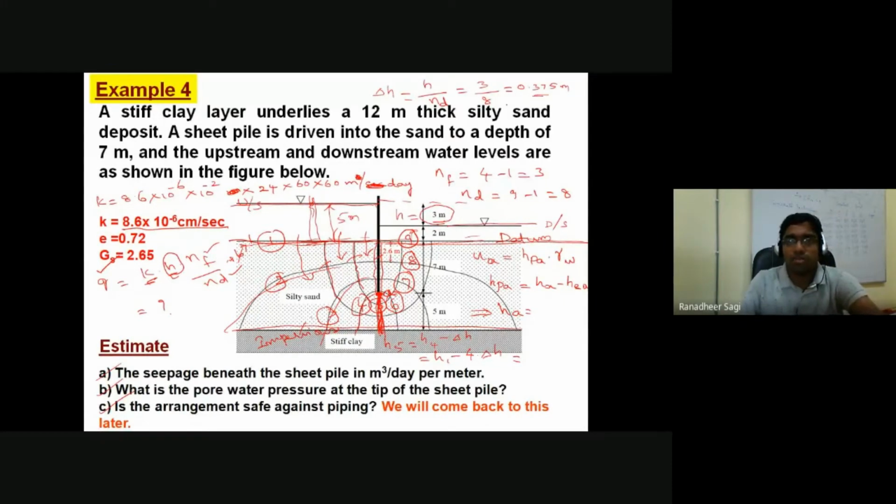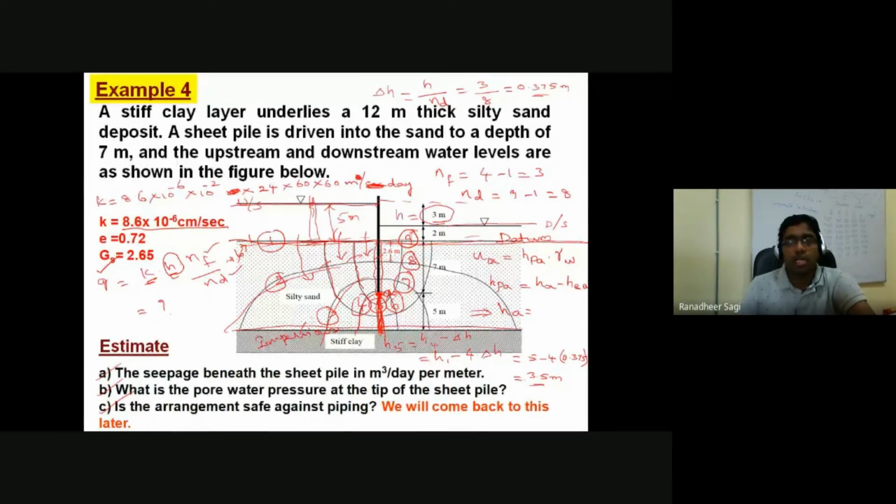Once I know delta H, the total head corresponding to the fifth equipotential line is the total head corresponding to the first equipotential line, which was 5, minus 4 times 0.375, which gives 3.5 meters.